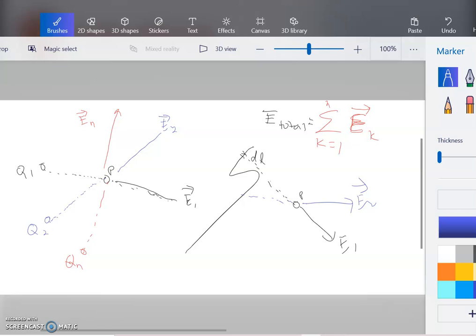So for this line charge, your E would be the integration of rho L dl over 4 pi epsilon naught R squared, in the direction of unit vector R. Okay. Thank you.